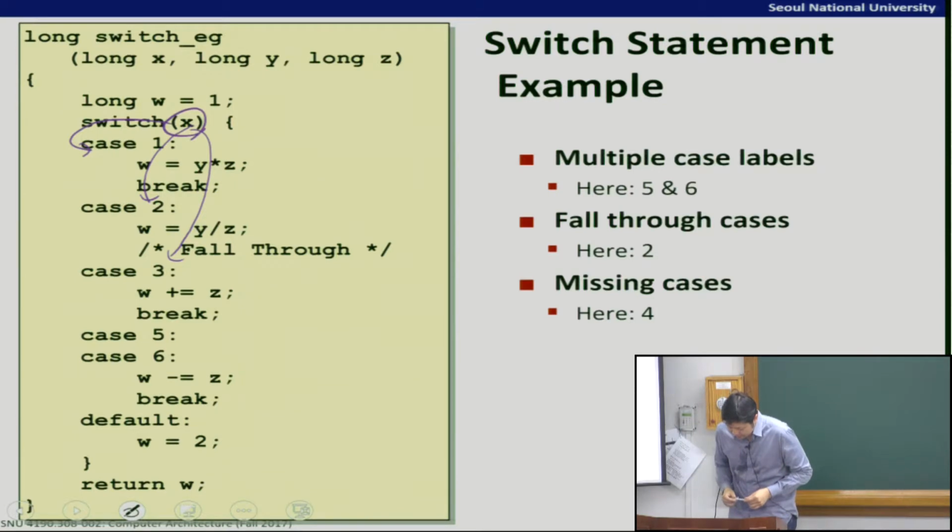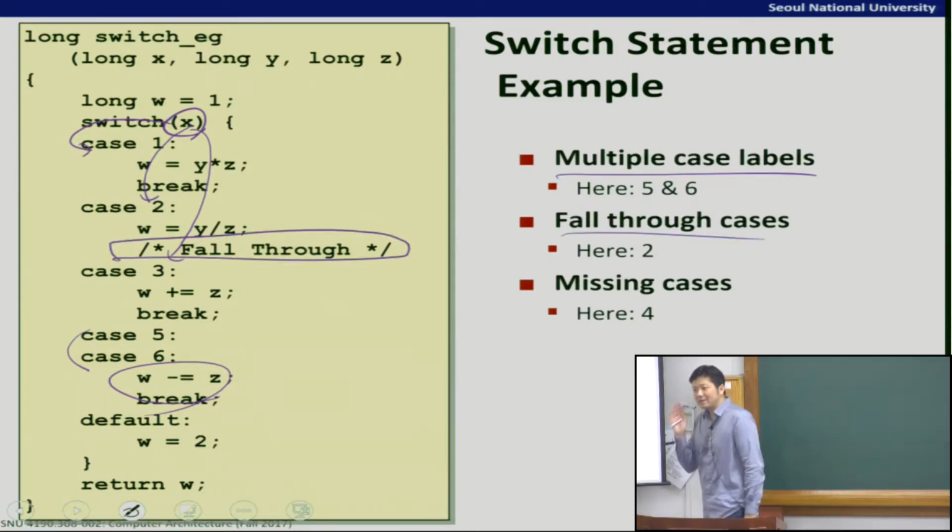There are some interesting cases. Here are multiple case labels. In this case, these two cases share the same body of code. So if the value is either 5 or 6, they execute the same code like this. This is a sharing case. And the second interesting case is fall through.